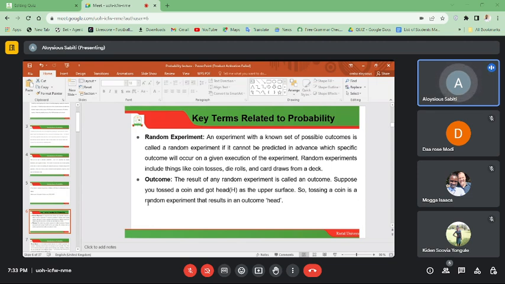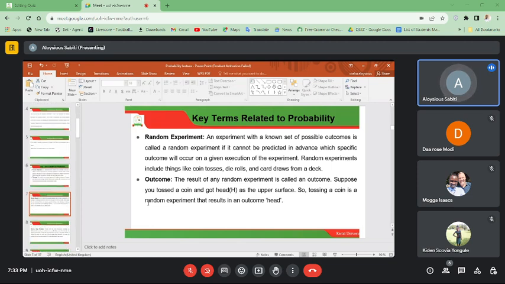When the outcome finally occurs, it is either a head or a tail, and those particular results of the experiment are what we call outcomes.